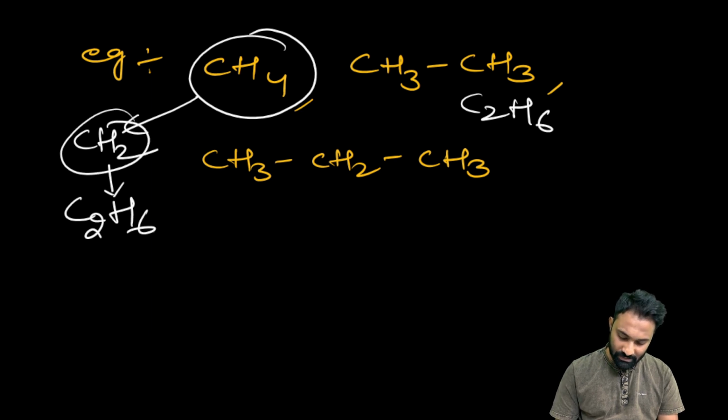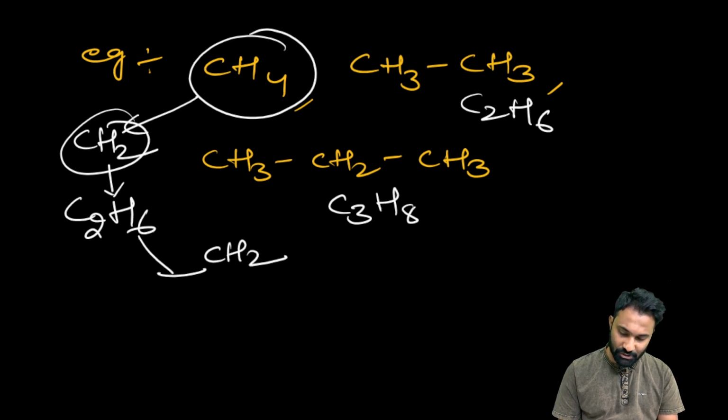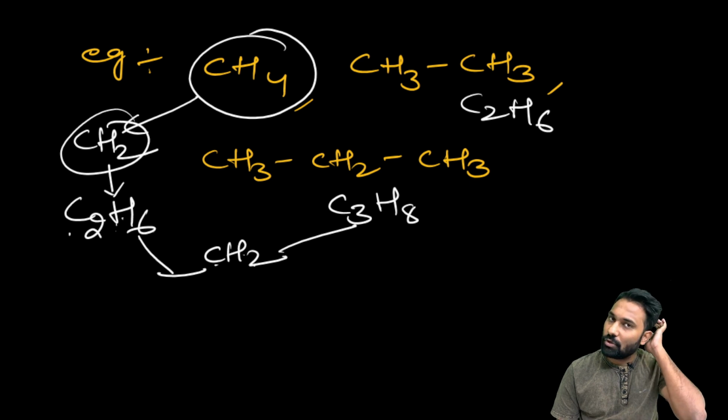Again adding CH2 gives C3H8: 2 carbons become 3, and hydrogens 6 plus 2 make 8. Clear? This is known as a homologous series.